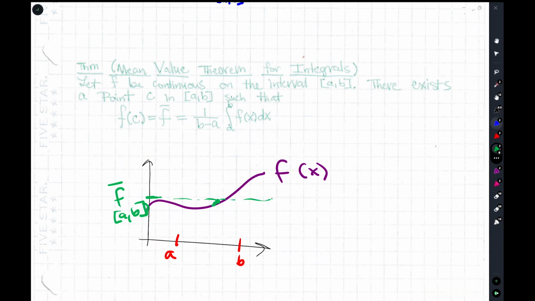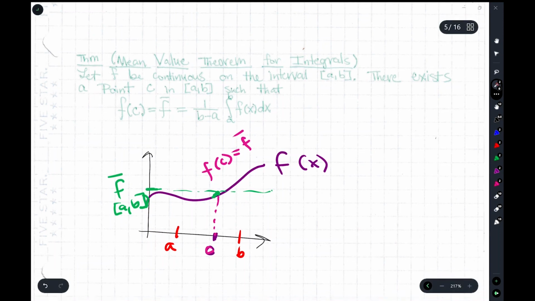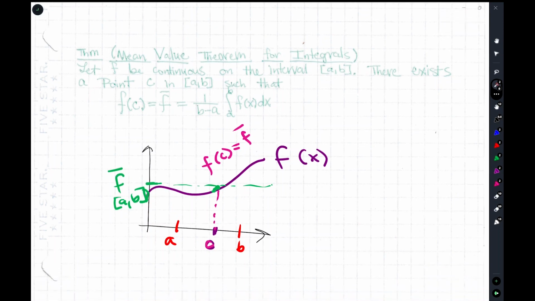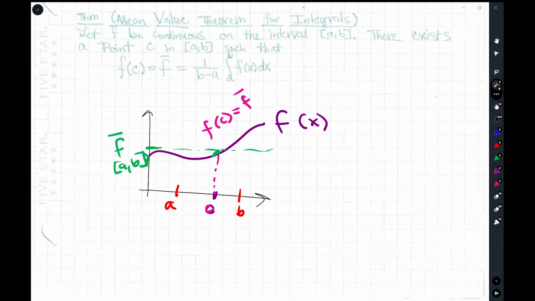Well, what this is telling you is there exists some point c such that f of c equals f bar there. That's what it's saying. All right. So we call this the mean value theorem for integrals because they're related. You could show an equivalence between them using the fundamental theorem of calculus.